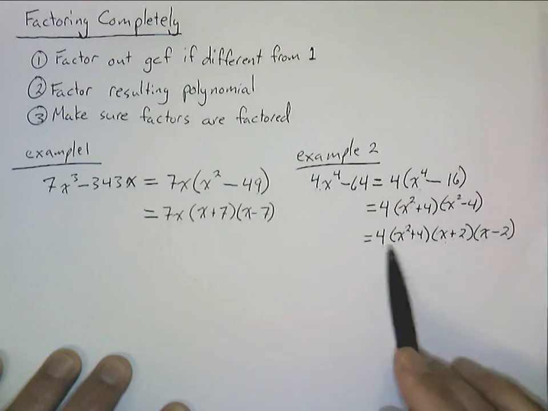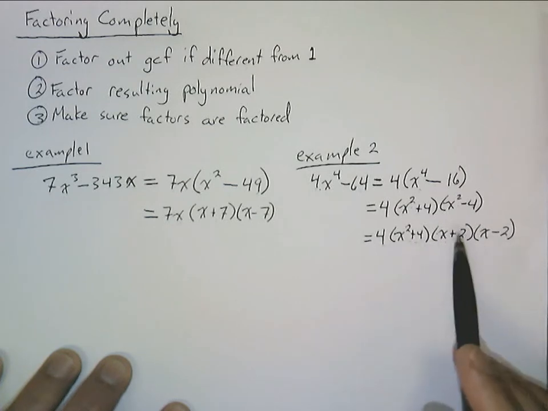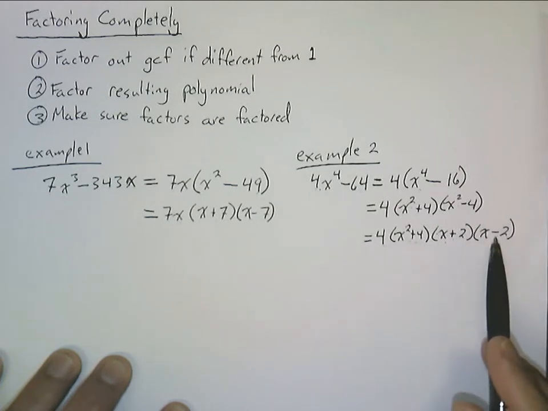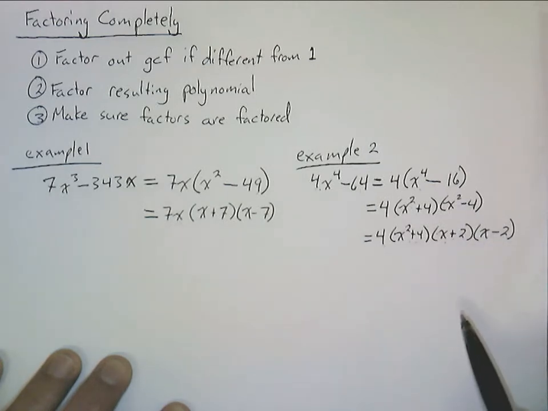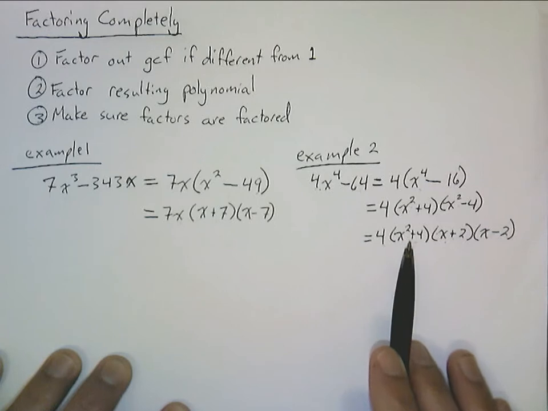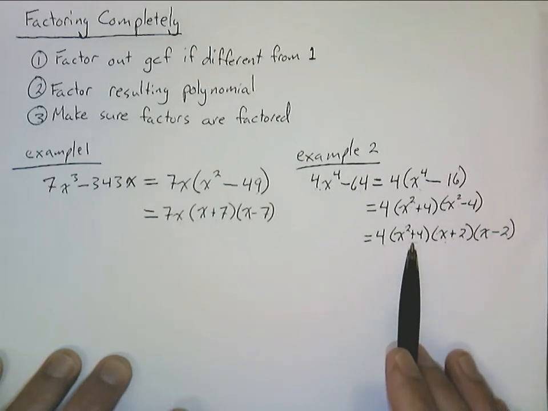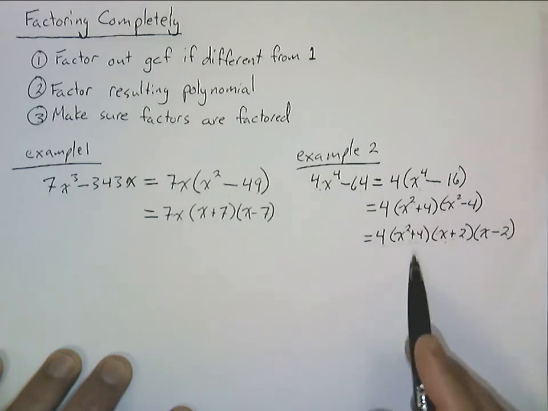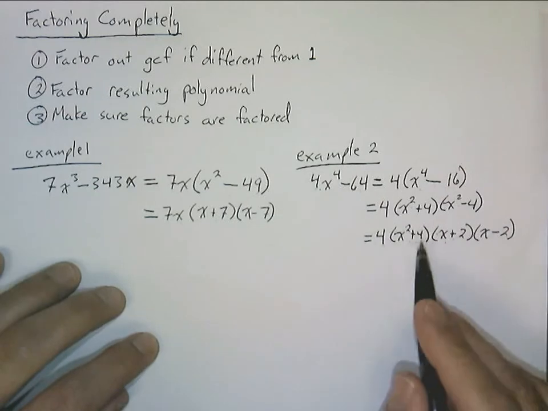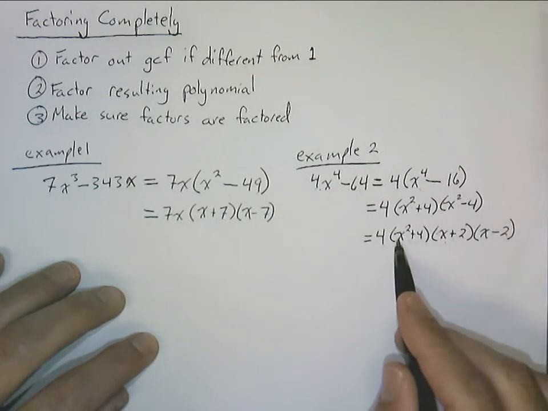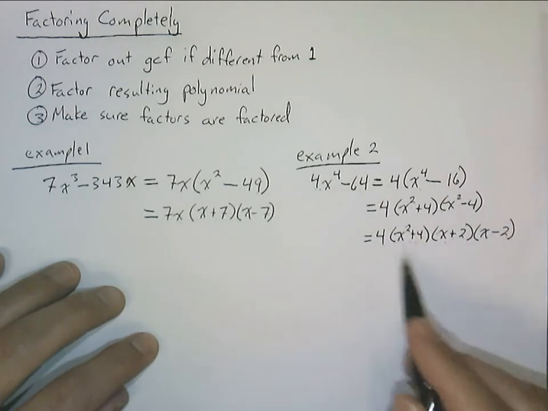So now we have 4 factors here: the 4, the x squared plus 4, x plus 2, and x minus 2. These are linear, so they cannot be factored anymore. The x squared plus 4, though, that's a quadratic. So we might try to factor that some more. But no matter how hard you try, you aren't going to be able to do that. Notice this is the sum of two perfect squares, x squared and 4.